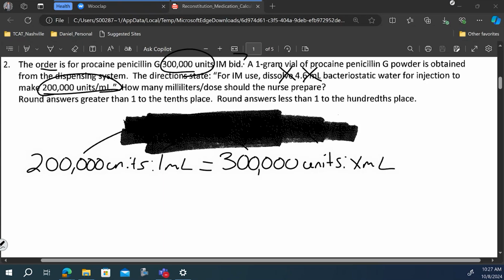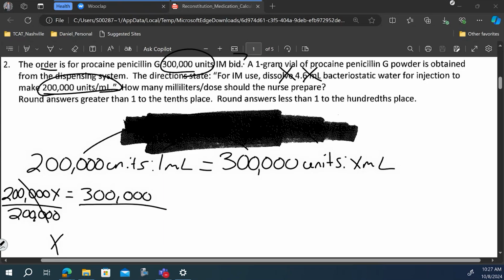So 1 times 300,000 is 300,000. 200,000 X. Again, you can get rid of some of these zeros if you wanted to. If I divide by 200,000, that gets rid of it. 300,000 divided by 200,000. Anybody? Should be 1.5.